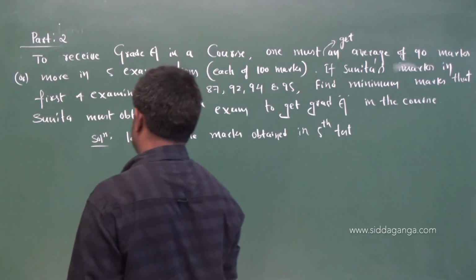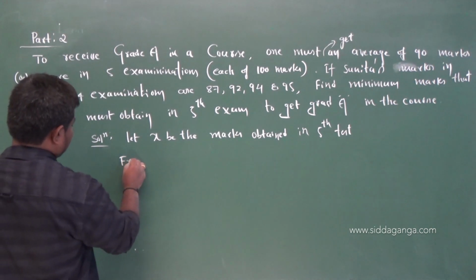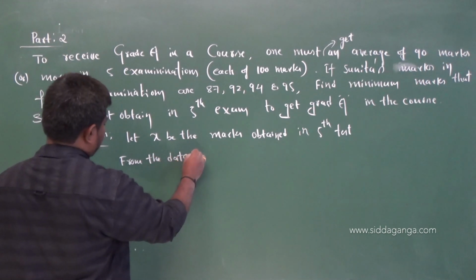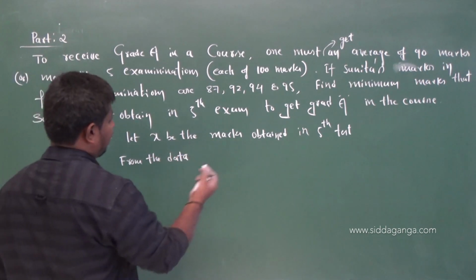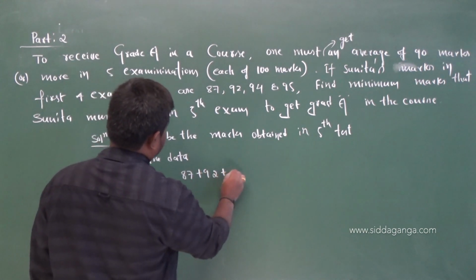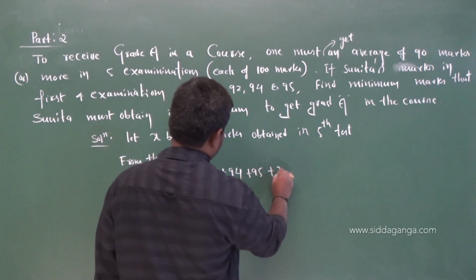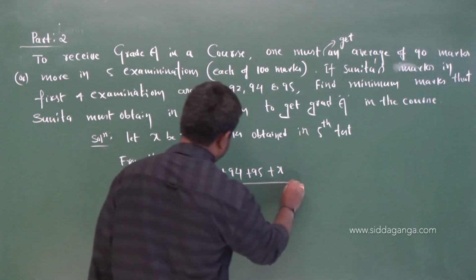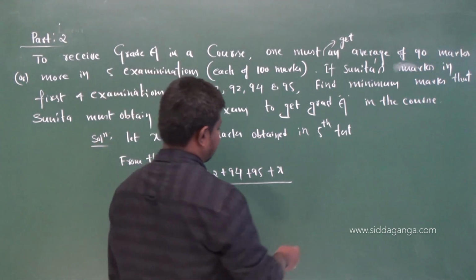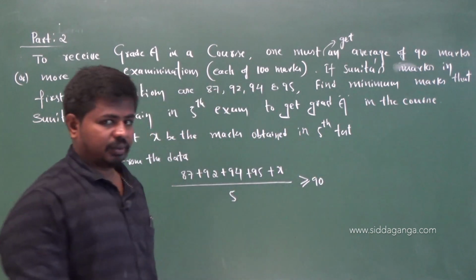Okay, therefore from the given data, the average of marks is 87 plus 92 plus 94 plus 95 plus the 5th marks, that is x, whole divided by 5. The minimum average she must get is 90, therefore it should be more than or equal to 90. To get more than or equal to 90, what must be x?